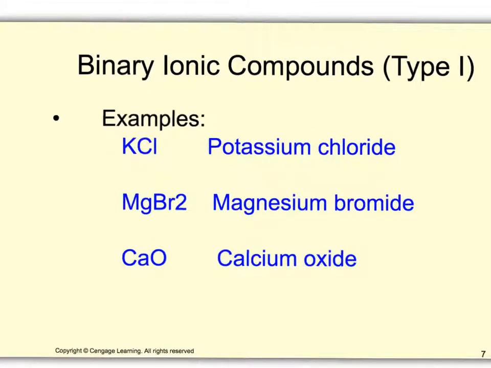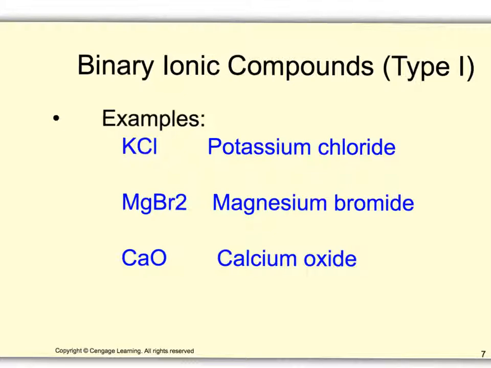With binary ionic compounds, we're going to look at 2 types. The first thing we're going to do is determine that this is indeed a binary ionic compound. We notice that we have KCl, and we look up on the periodic table. K is potassium, it's a metal. Cl is chlorine, it is a nonmetal.